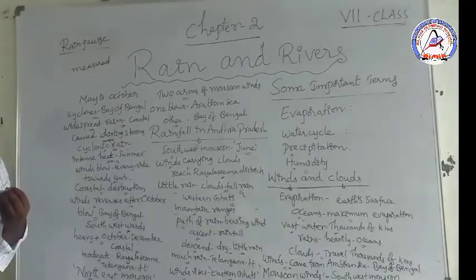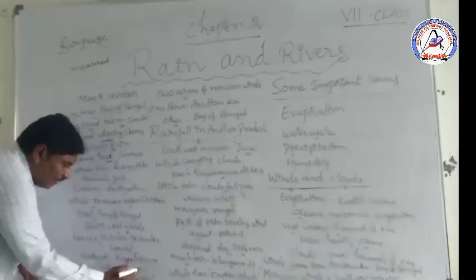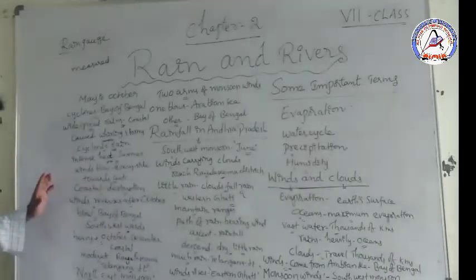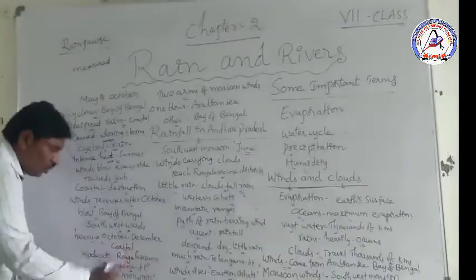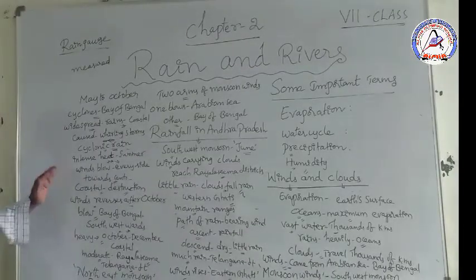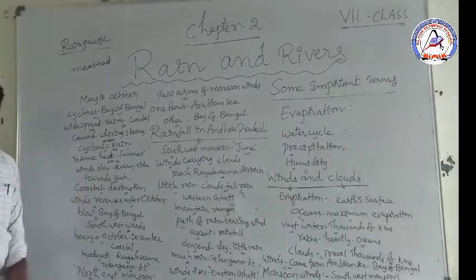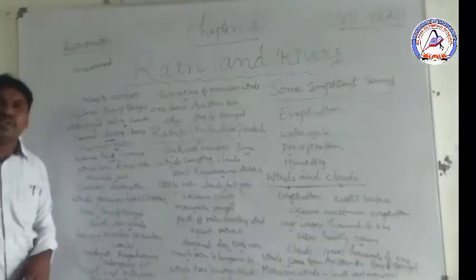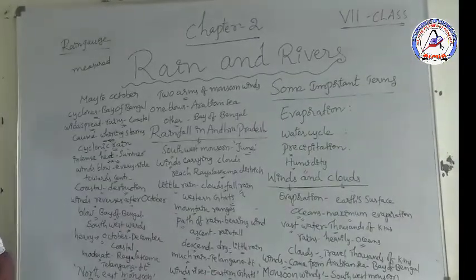Moderate means medium. So it gives moderate rainfall in Rayalaseema and Telangana districts. So we can call this the northeast monsoon, or we can call it the return monsoon.